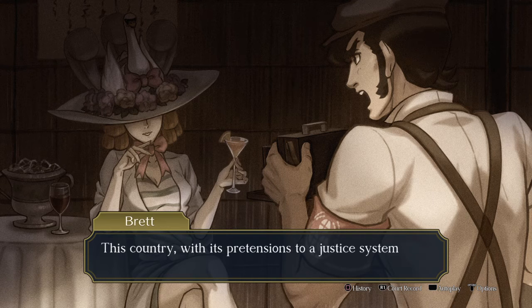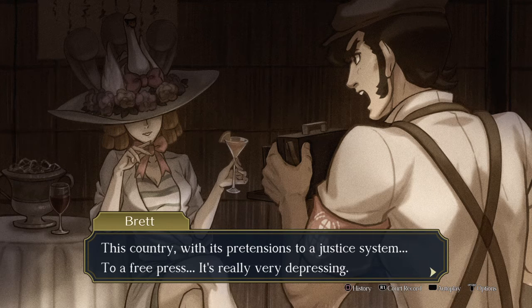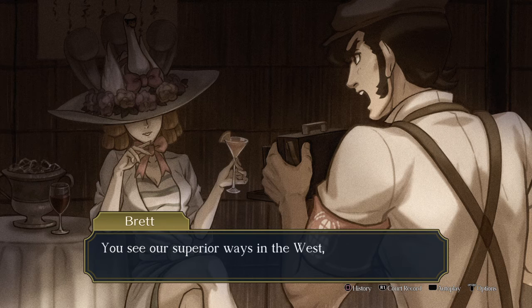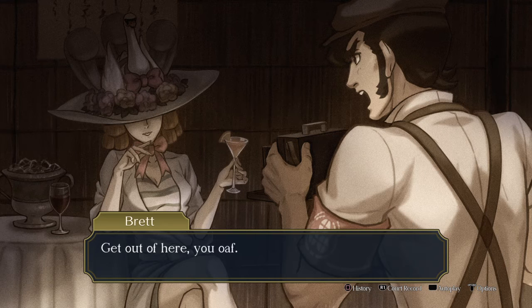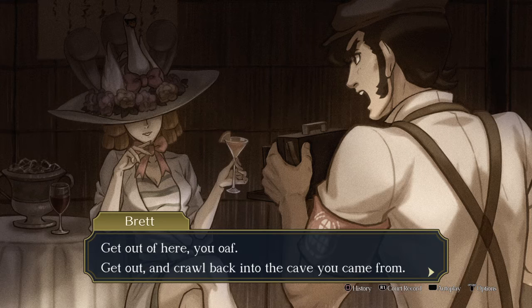This country, with its pretensions to a justice system. Oh, to a free press. Ugh, it's really very depressing. You see our superior ways in the West, yet you lack the mental capacity to emulate them. Get out of here, you oaf. Get out and crawl back into the cave you came from. Jesus Christ. That's a little... kind of fucked up, my dude.